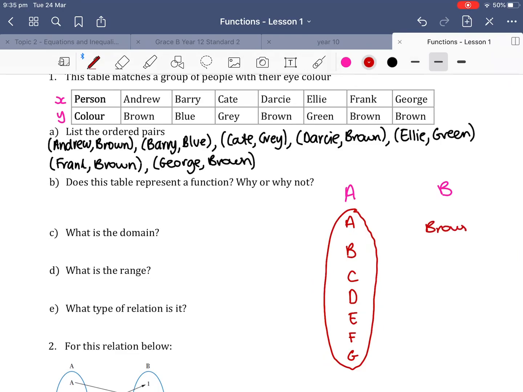And then we'd have our B set over here, where we'd have brown, blue, grey, and green as our eye colours.